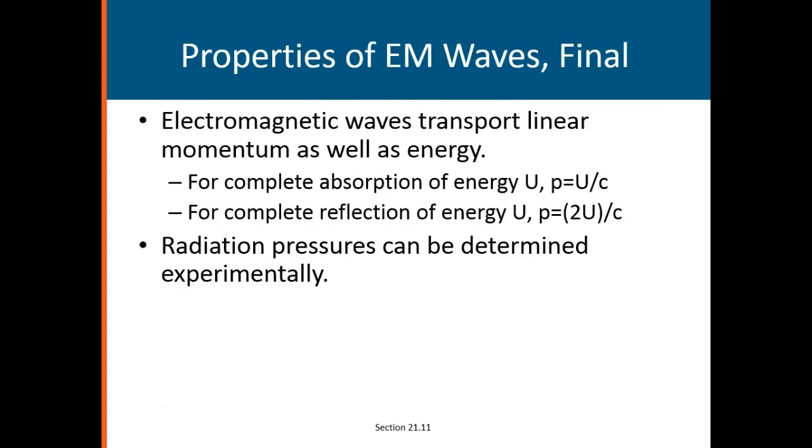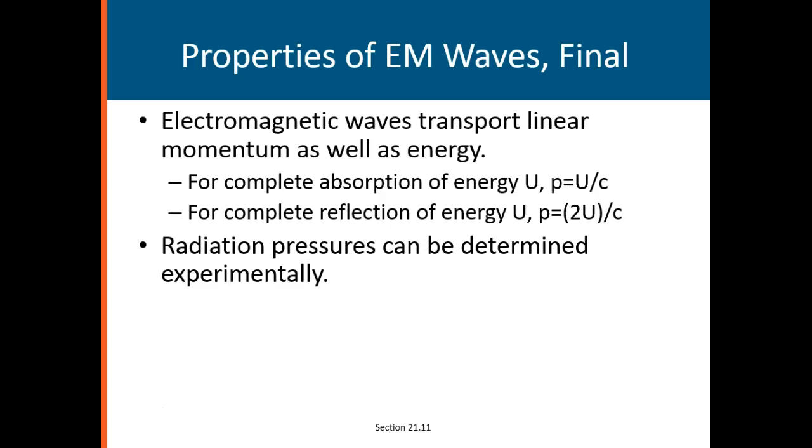Now, the last on the properties of electromagnetic waves. Electromagnetic waves transport linear momentum as well as energy. For complete absorption of energy, that electromagnetic energy U, P is equal to U over C. Okay?